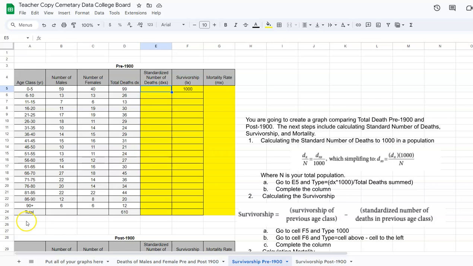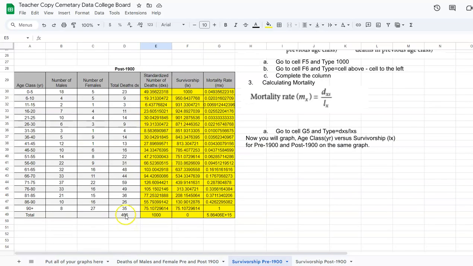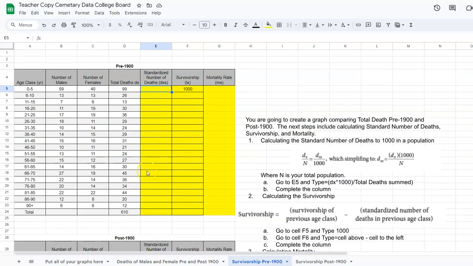So we have our age in class. We figured out the total number of deaths pre-1900 and post-1900. We separated them out into 2 tables. So we've got 610 deaths total in the cemetery for pre-1900, and we have 466 deaths in the cemetery from post-1900.